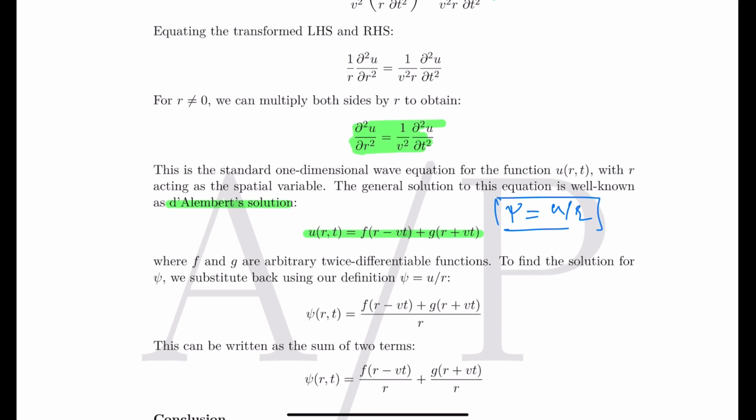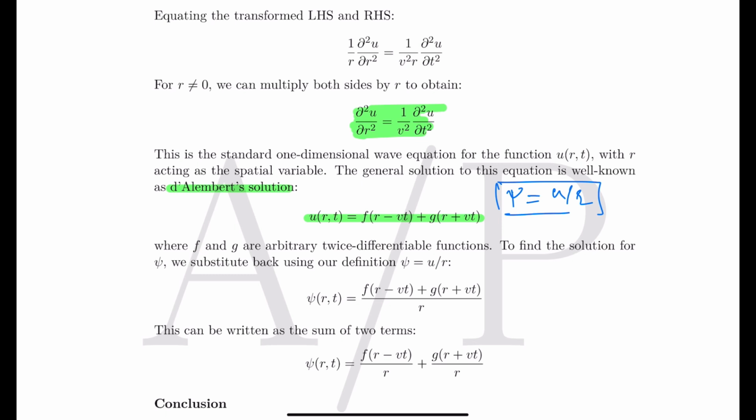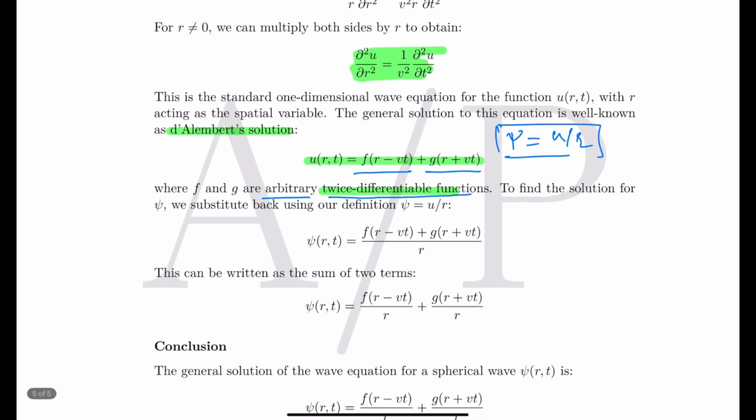Okay, so u is a function which is a combination of two functions f and g. F and g are any arbitrary twice differentiable functions. Let me tell you, twice differentiable because it has to be differentiated twice, and from this value of u, you can actually arrive at the expression for phi of r itself.